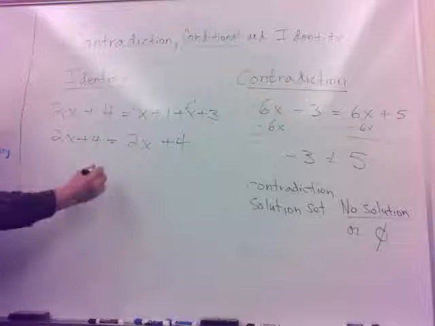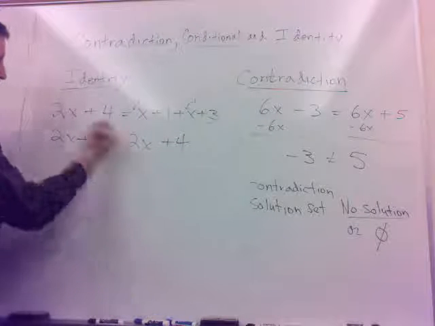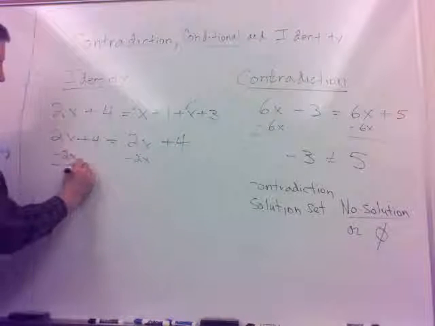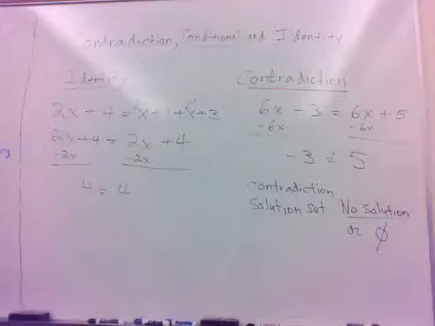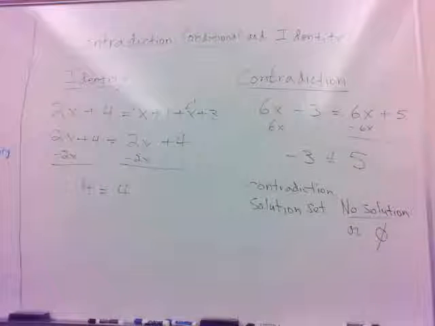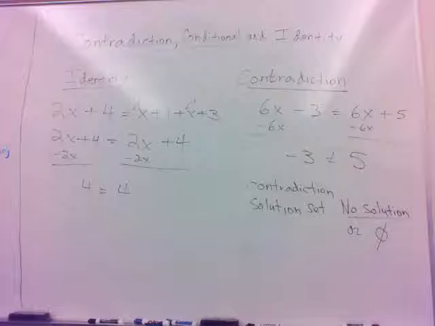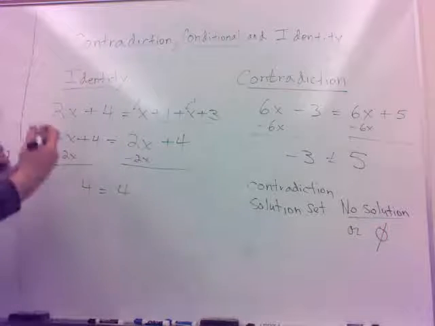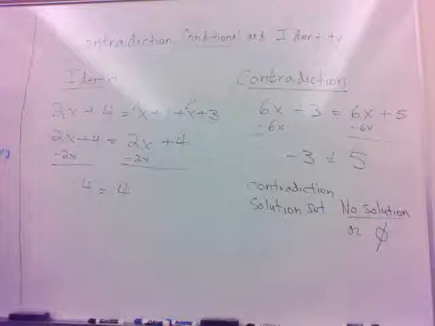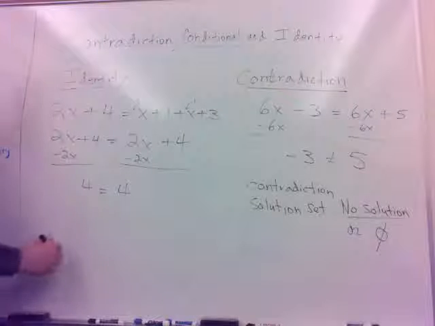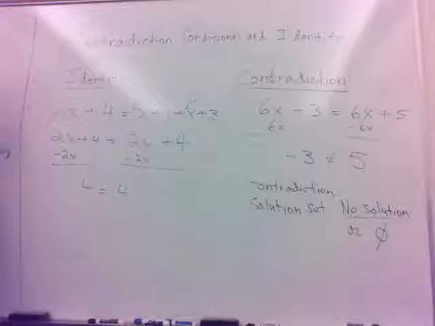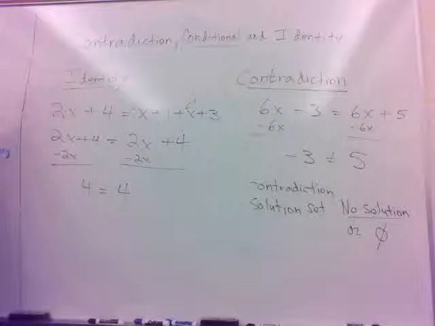You might see what's going to happen here if we subtract the 2x now to get the variables on one side. What we wind up with is, again, the variable terms cancel out on both sides. But in this case, we don't wind up with a contradiction. In this case, we wind up with 4 equals 4. Unlike the other one, that's not a contradiction. That is a true statement. Matter of fact, that's always true.